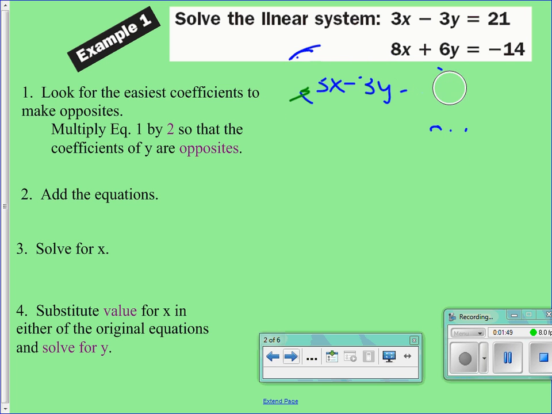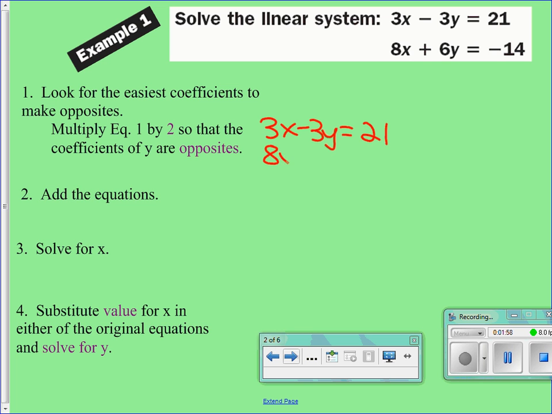That will help us because looking at your two equations, your 3x minus 3y equals 21 and 8x plus 6y equals negative 14, can you see a pairing of coefficients for either the x or the y that can easily be made to match the other?